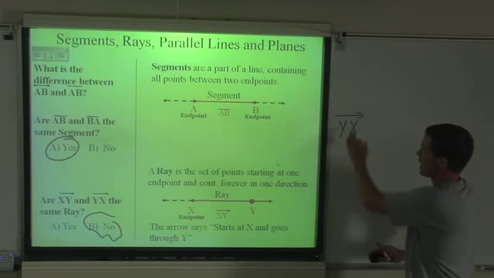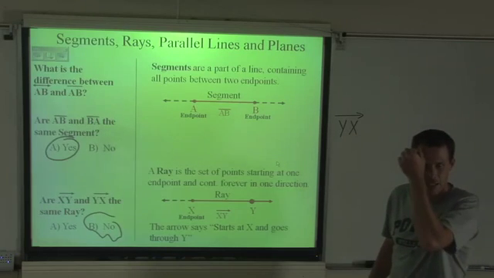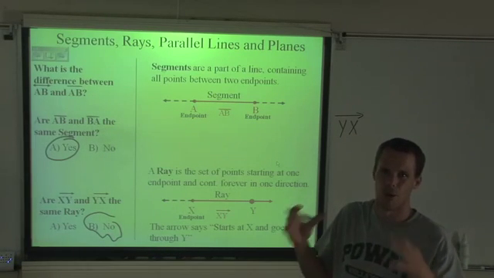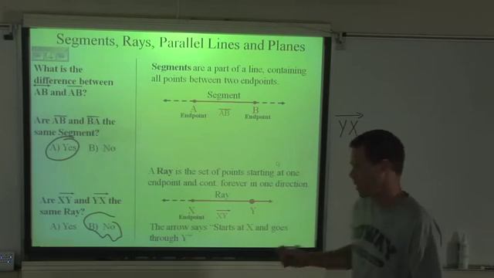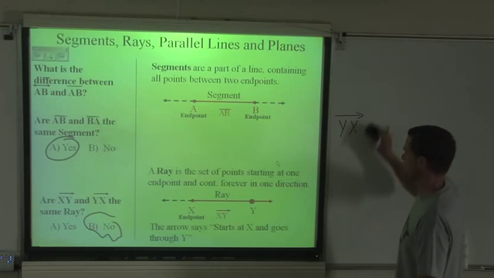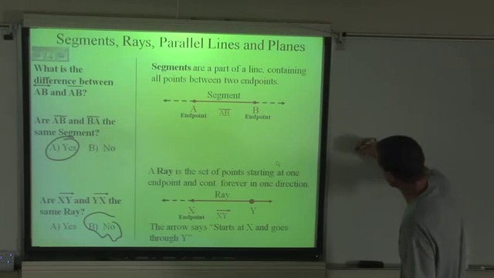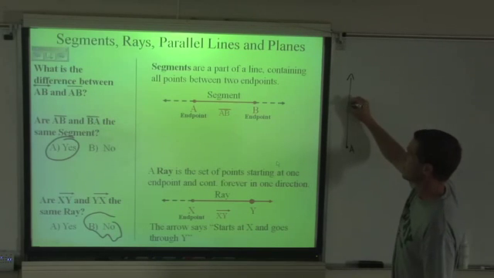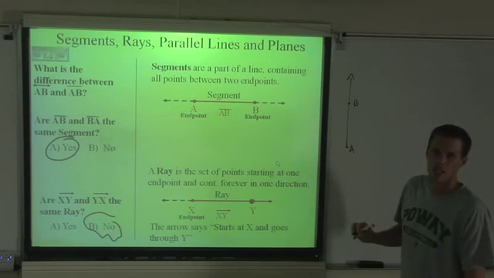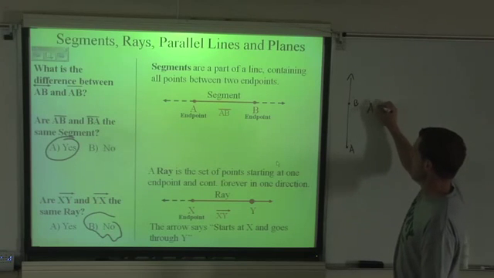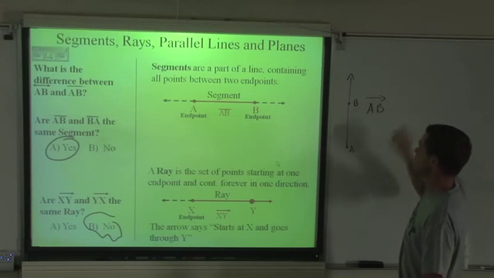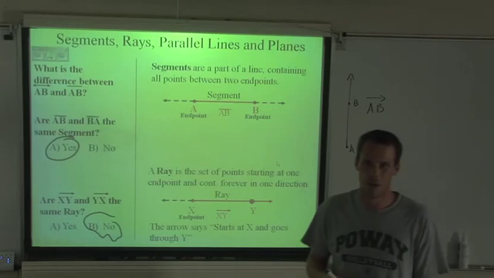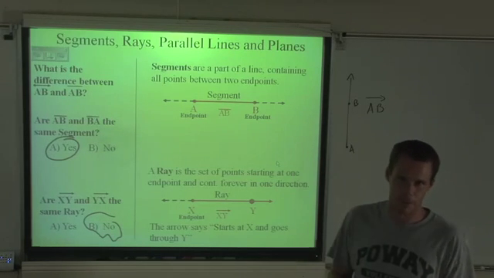This arrow has nothing to do with direction. It has to do with the symbol that means it is a ray, where this is our description. One way you can think about it is, if I drew this, here's point A and here's point B, we would still write AB, to say start at A, go through B. We would never draw the arrow pointing up.